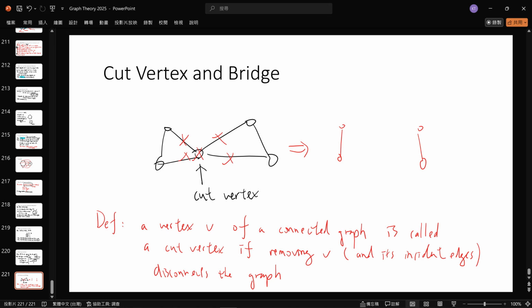So the definition is quite natural: just remove the vertex and its incident edges, and if the graph becomes disconnected, then this vertex is a cut vertex. The other 4 vertices are not cut vertices, because after you remove one of them and its 2 incident edges, the graph is still connected.